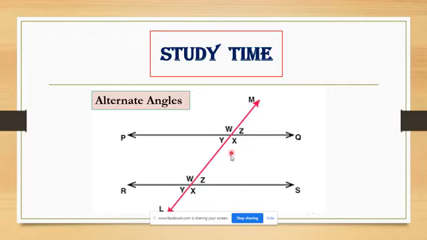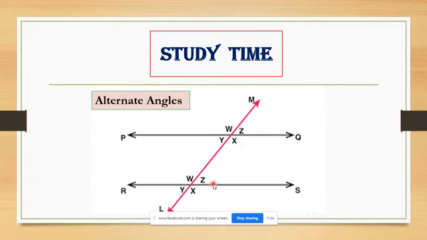See, angle X and angle X are congruent because they are a pair of corresponding angles, but angle Y and angle Z are alternate angles in a Z situation, right? Alternate angles means one angle is towards the left side of the transversal and one angle towards the right side of the transversal.